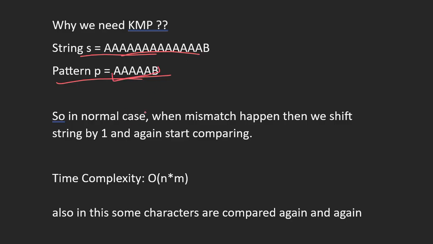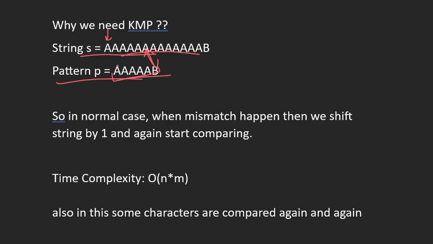If we see in the normal case how much time complexity it will take: we go to each index, then start matching. A is matched again and again. Now see, this A and B is mismatched.